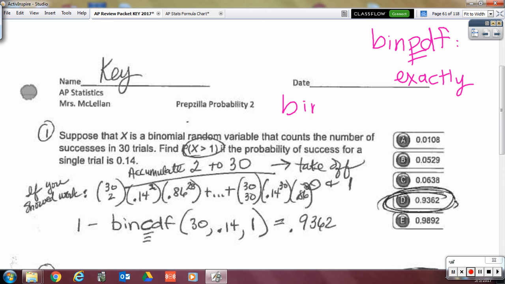Whereas Binomial Cdf, you can either have, what's the probability that you get less than this many successes, more than this many successes, at least, or at most? So those cumulative words for cumulative probabilities are greater than, less than, at least, at most, fewer than, those kinds of things.